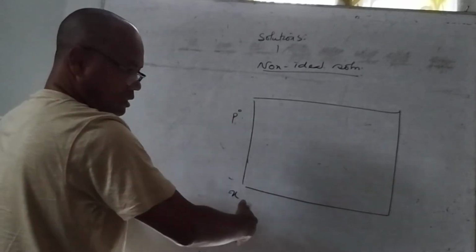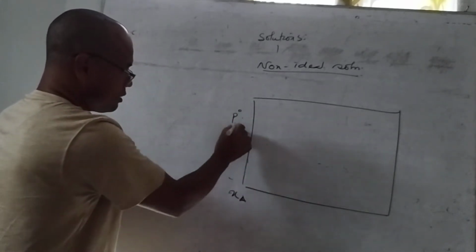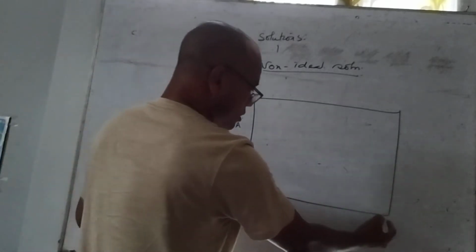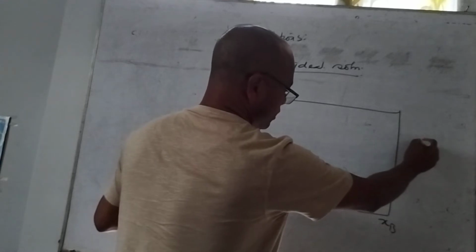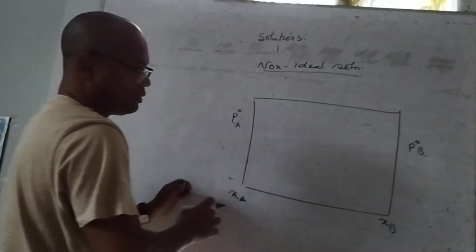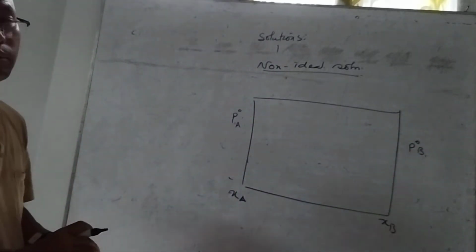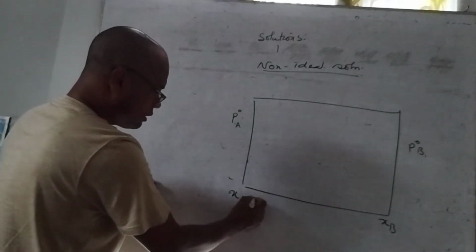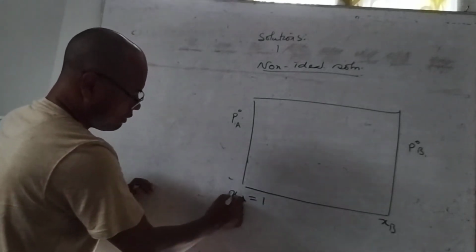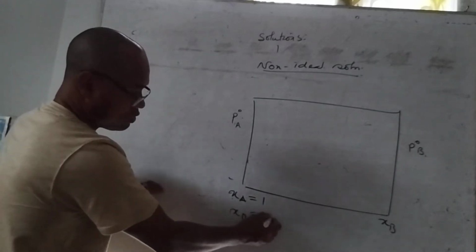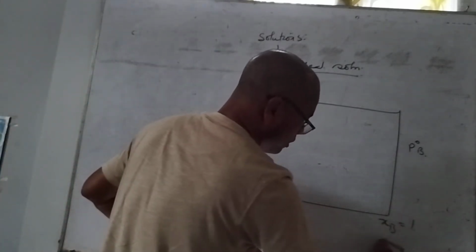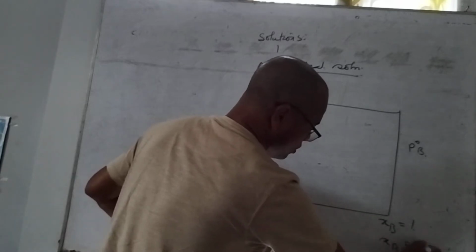If this side is component A, then this side is component B. Here I write the vapor pressure of the pure component B in the pure state. If the mole fraction of A is 1, the mole fraction of B is equal to 0, and if the mole fraction of B is 1, the mole fraction of A is equal to 0.